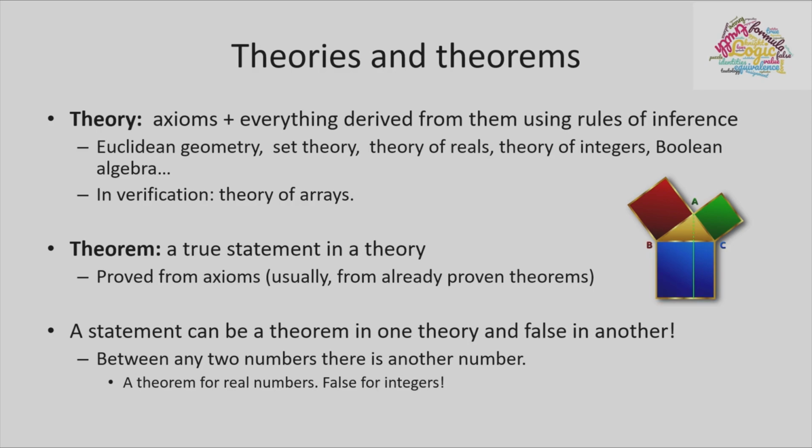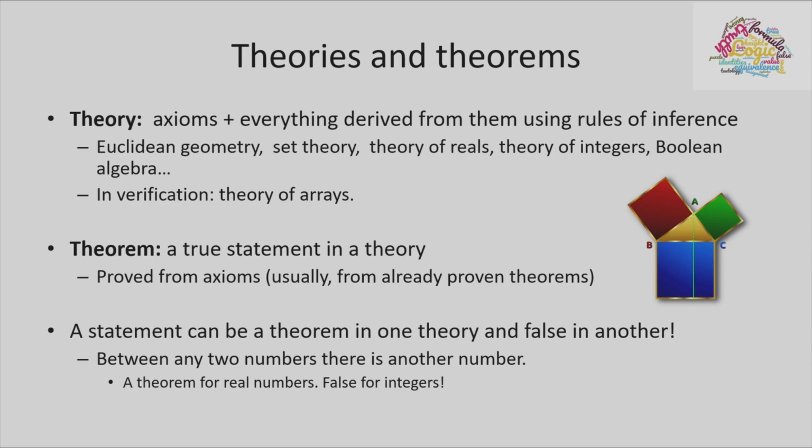Now a theorem is just something in a theory that's true. And usually when we talk about theorems, it's something that we could actually show is true, proven from axioms. So what are axioms? That's sort of the description of a theory. Those are the rules that tell us what the theory is like.